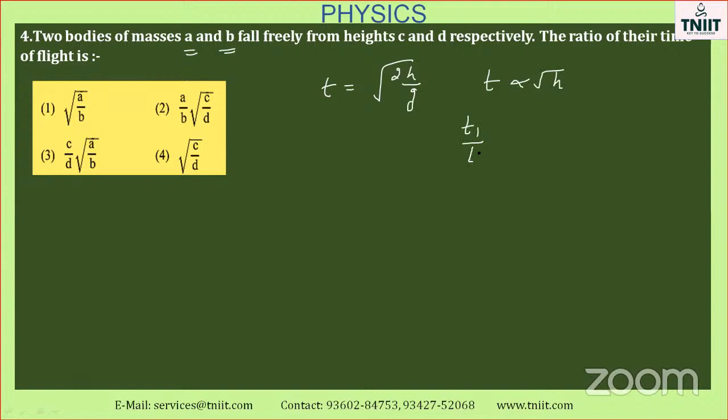So what is the time ratio T1 by T2? It is root of h1 by h2. What is h1 by h2? h1 is c, h2 is d. So the ratio is root of c by d.